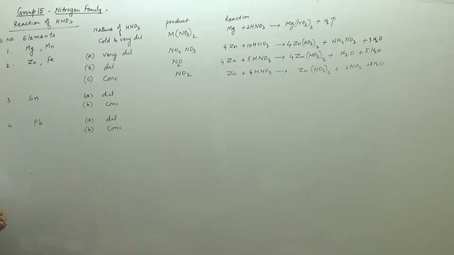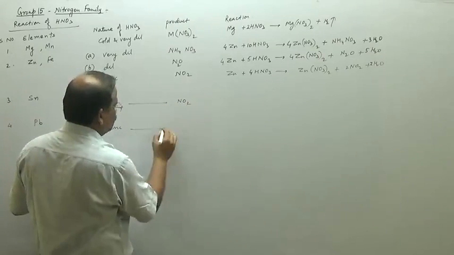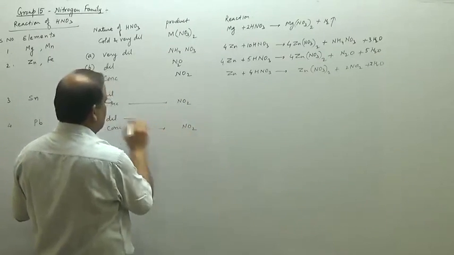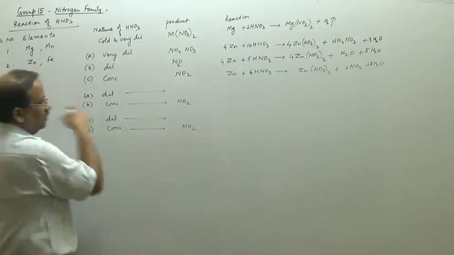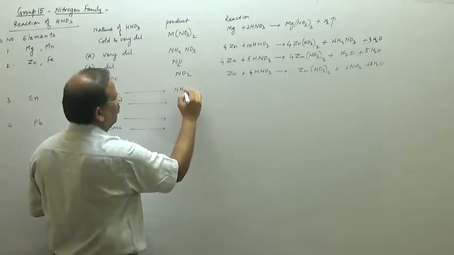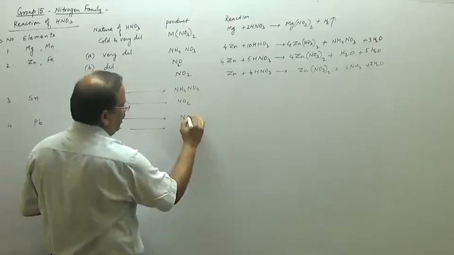In concentrated, there is no doubt, we will have NO2. But in case of dilute, there will be a difference. Tin will give ammonium nitrate, whereas lead will form nitrogen oxide.